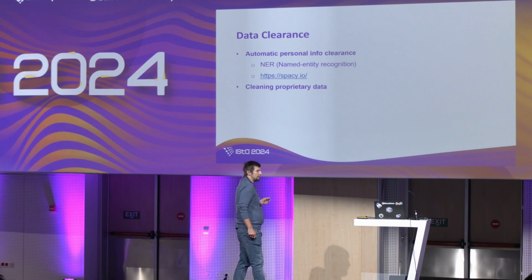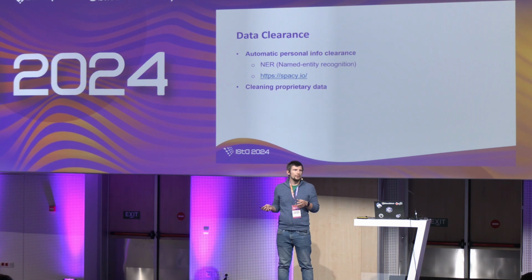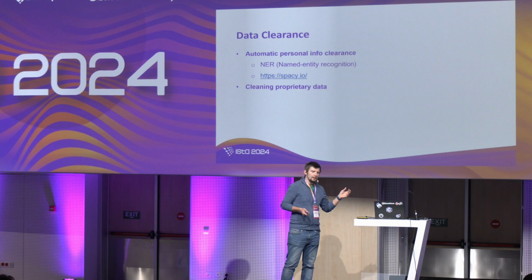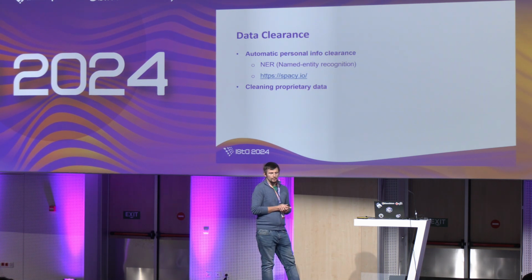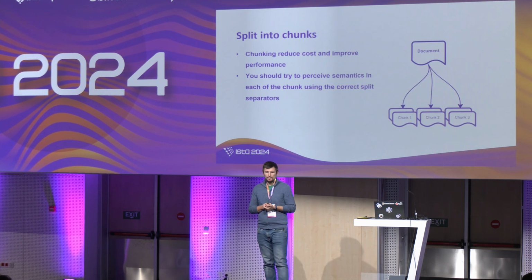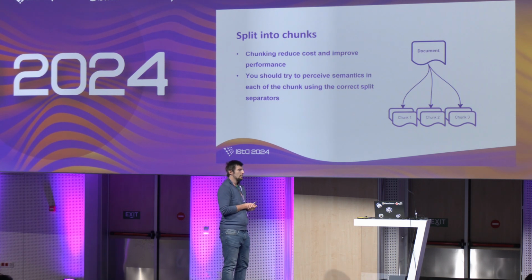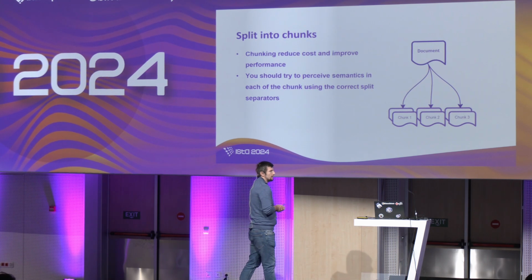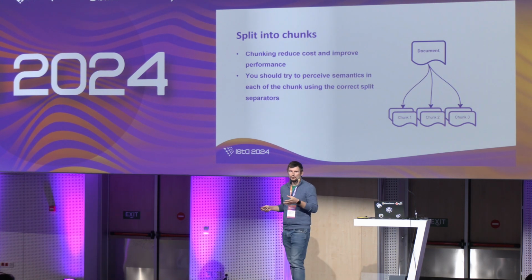But for example, if you have some complex code which can contain proprietary parts, you may need to manually clean your content. Additionally, when you have cleaned the content, now we want to split these documents into smaller chunks.